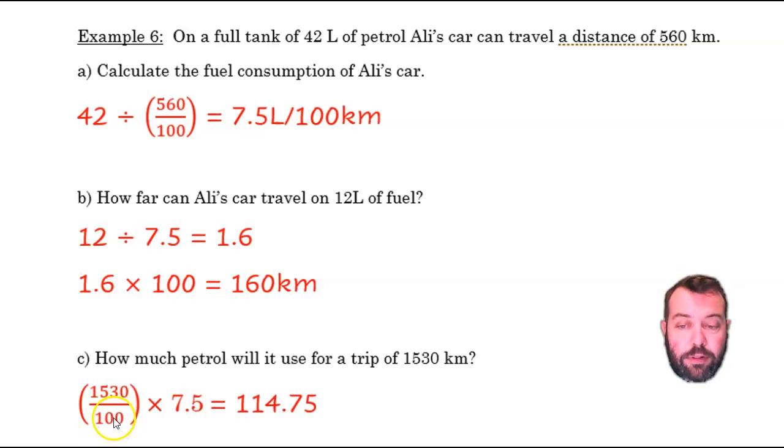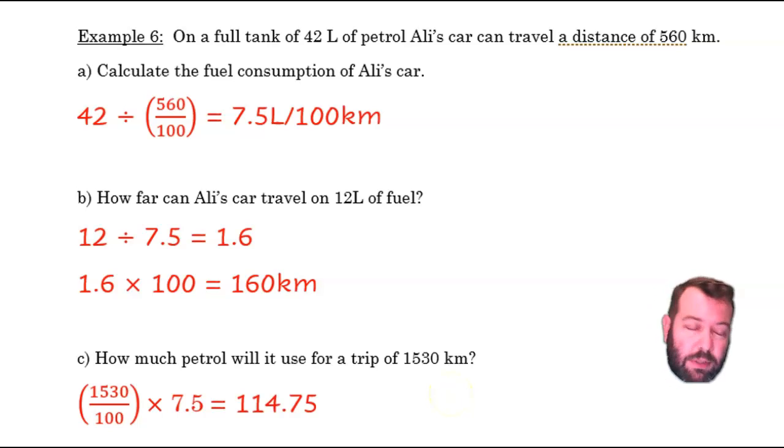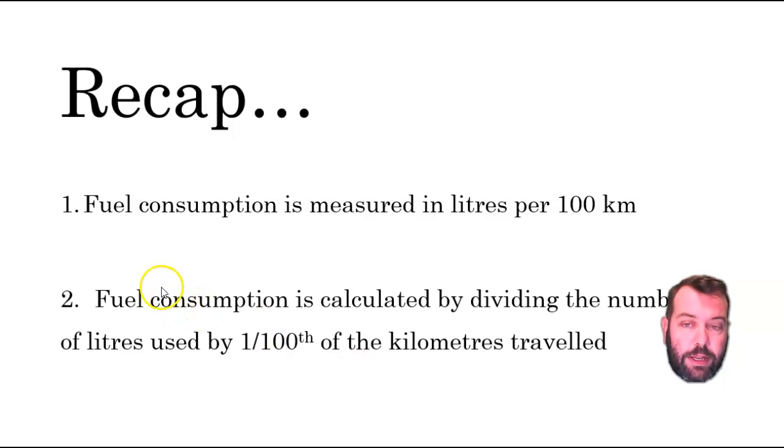That's how many 100 kilometres. Multiplied by 7.5, our rate, and we get 114.75. That's how many litres we'd need to drive that far. Now, what's 1,530 k's from here? I don't know, Rockhampton maybe, Adelaide, something like that. So 114 litres.